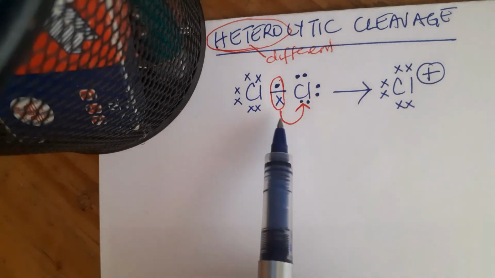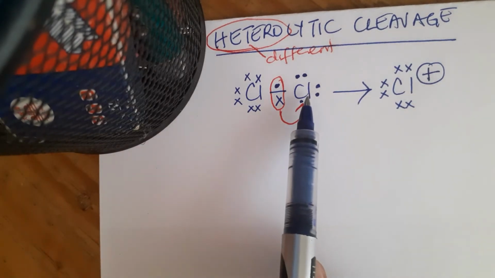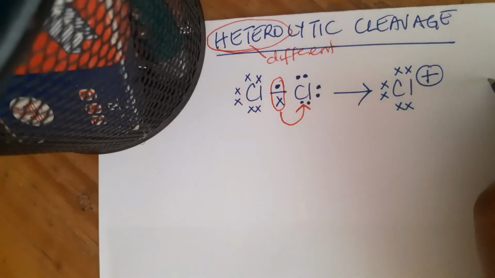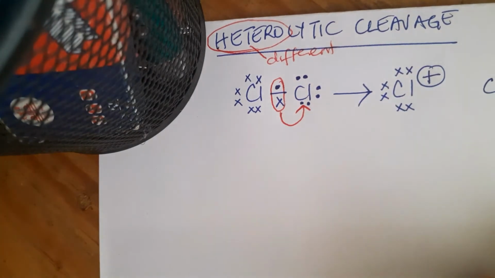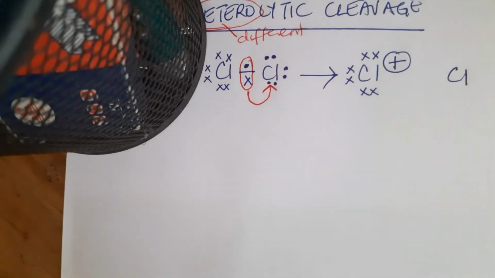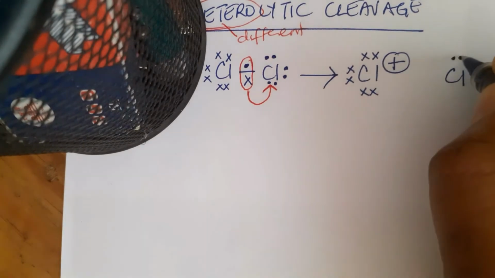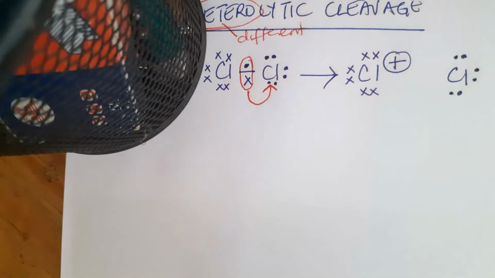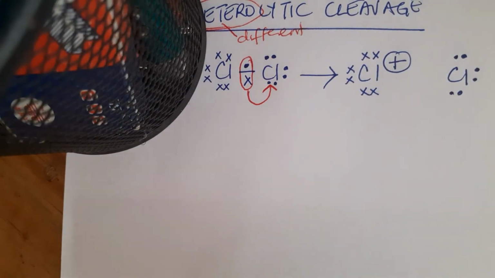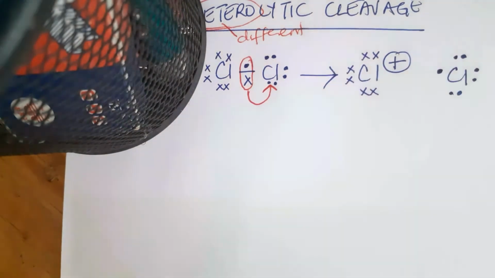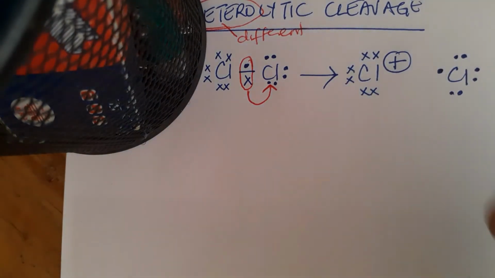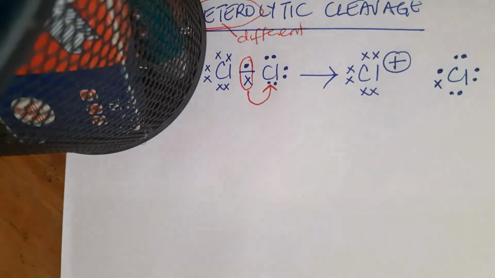The chlorine that has received the electron pair will now have the 6 electrons that it originally had in the bond. It now got back the electron it donated along with the electron from the other chlorine atom.